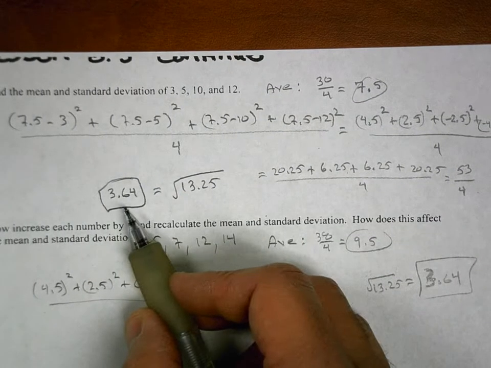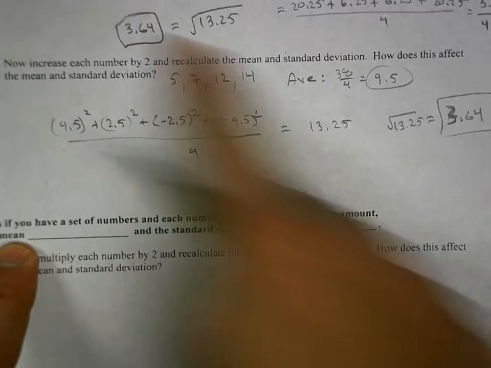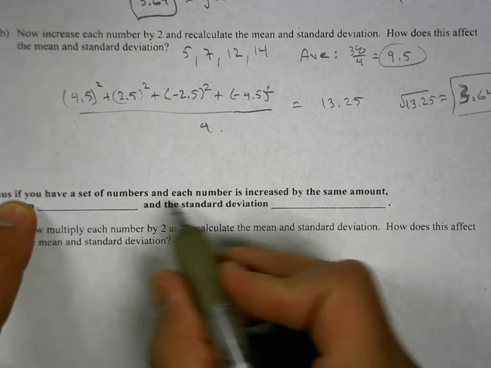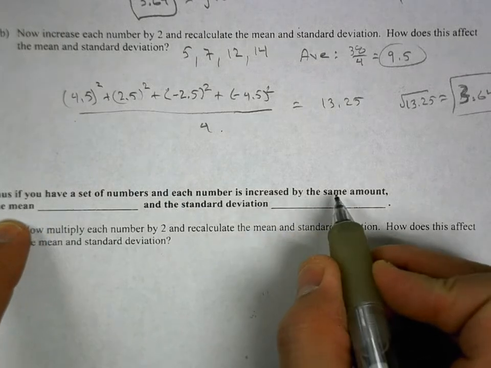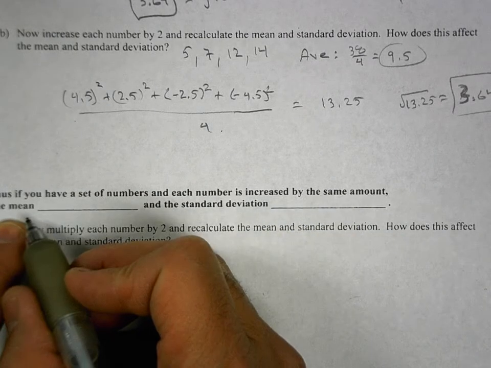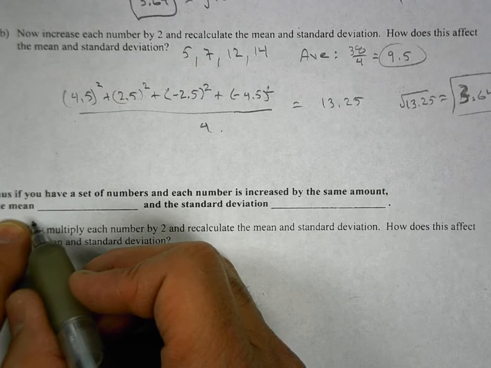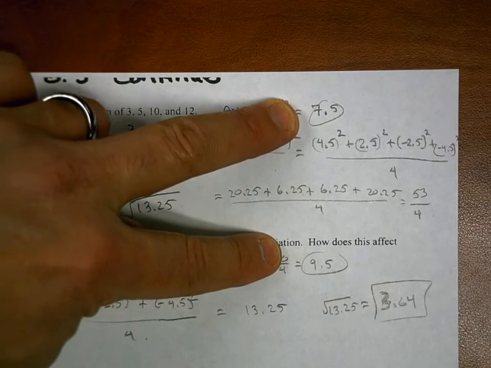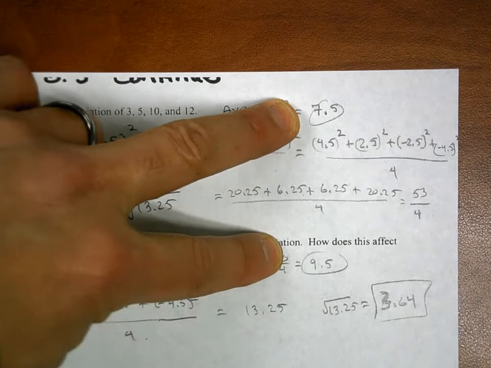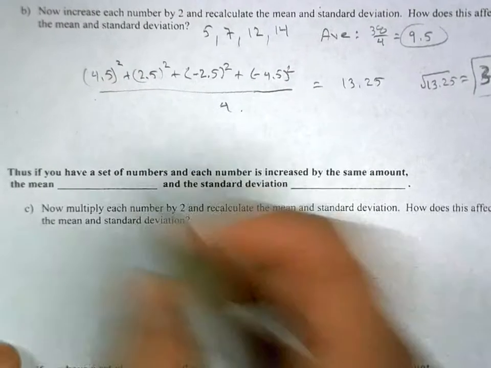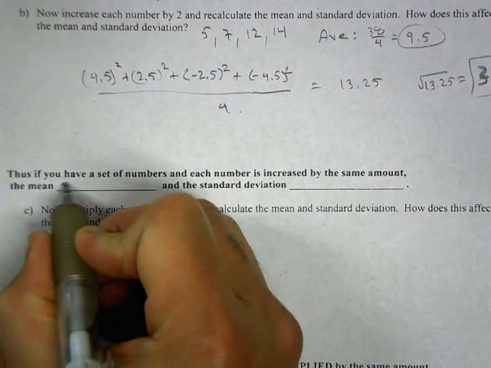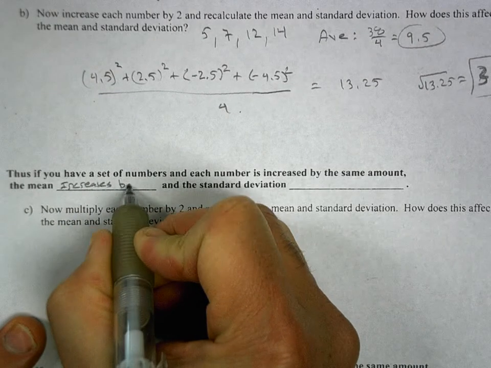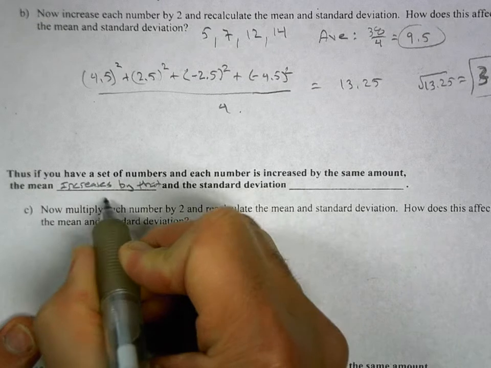Okay. All right. So answering this question, thus, if you have a set of numbers and each number is increased by the same amount, how is the average affected? It increases by that same amount. Okay, so we'll put increases by that amount.